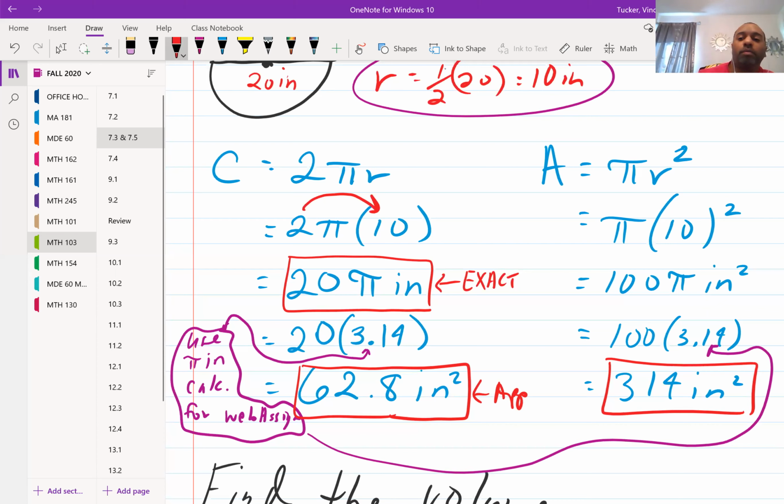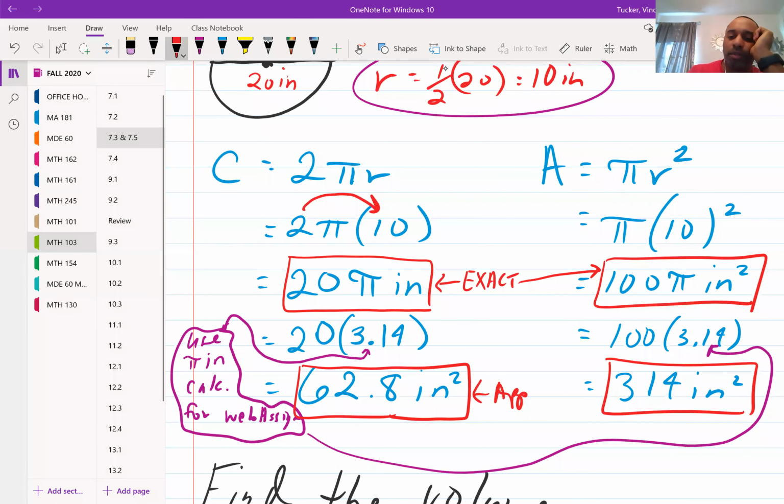All right. So to find the area, we'll do the same thing. Plug 10 in for R. So that's pi times 10 squared, and that will be 100. And so that will be your exact answer there, 100 pi.